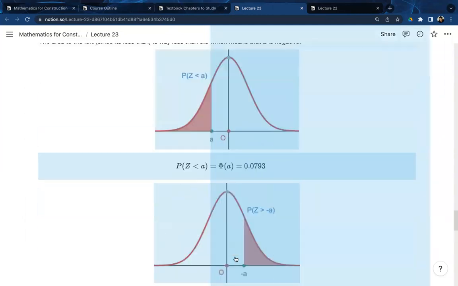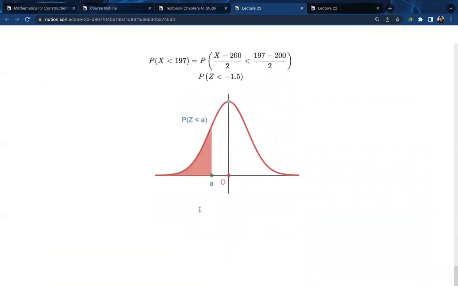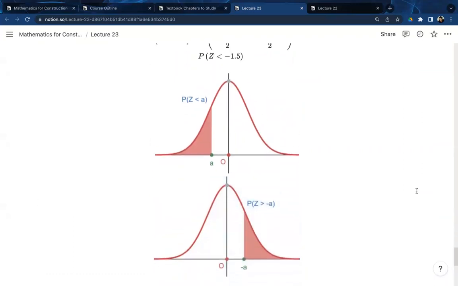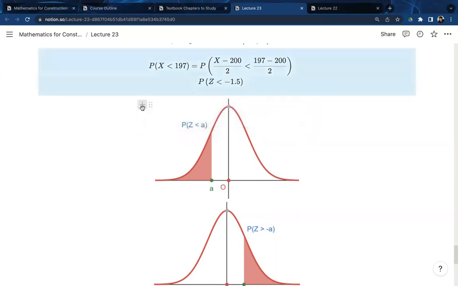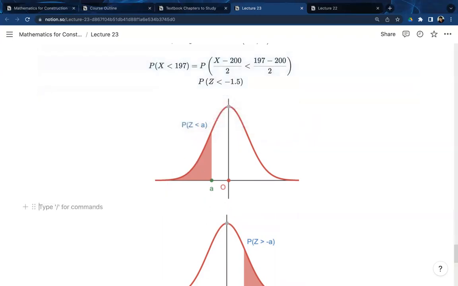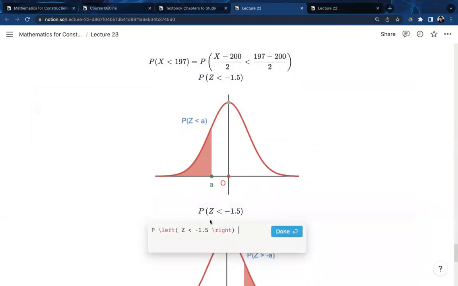The probability that Z is less than a negative value is the same as the probability that Z is more than the positive value.